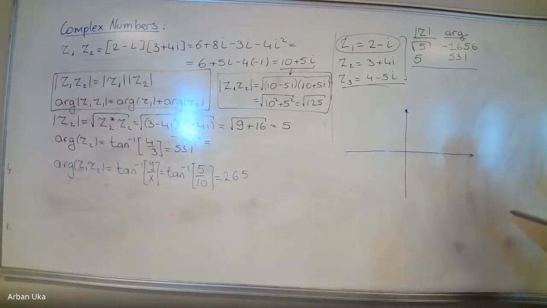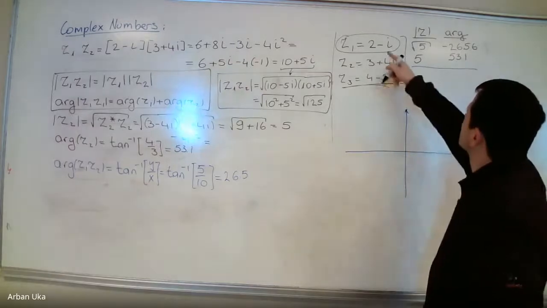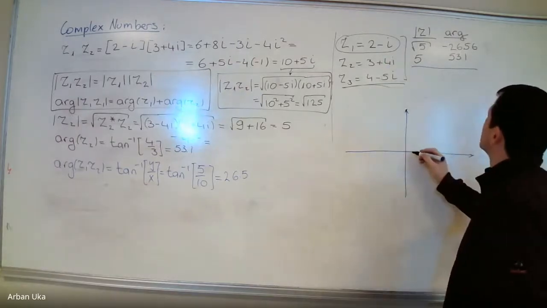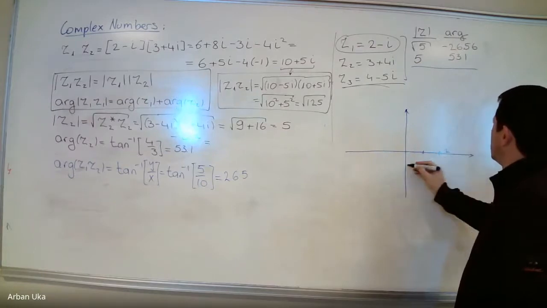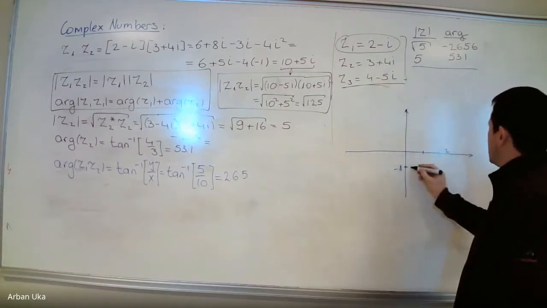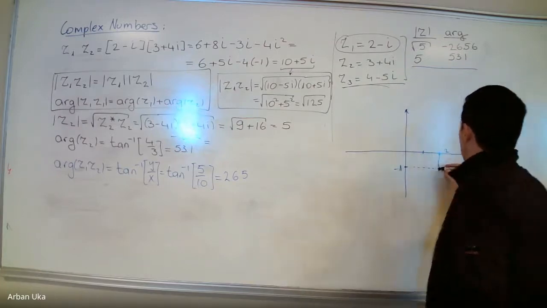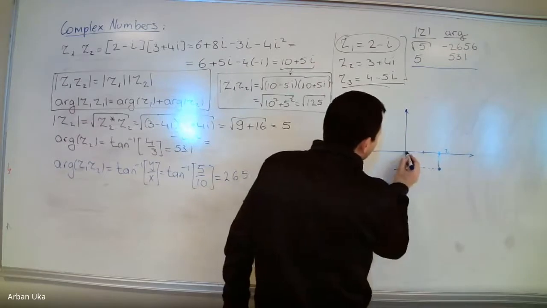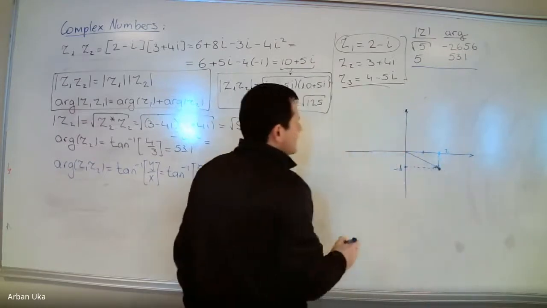In this Argand plane, let's pick a number, 2 minus i. This is 1, this is 2, and this is minus 1. This is z1, and this one is shown right here.